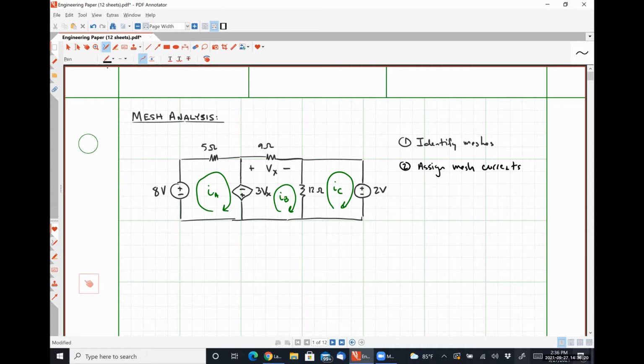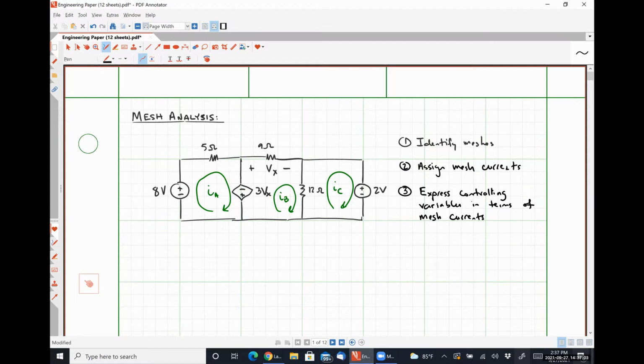So my next step is going to be express controlling variables in terms of mesh currents. All right. So our controlling variable in this case is that voltage Vx, right? Because it's what's controlling the output of that dependent voltage source.